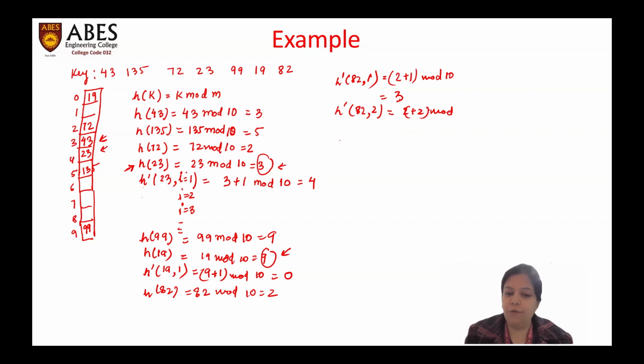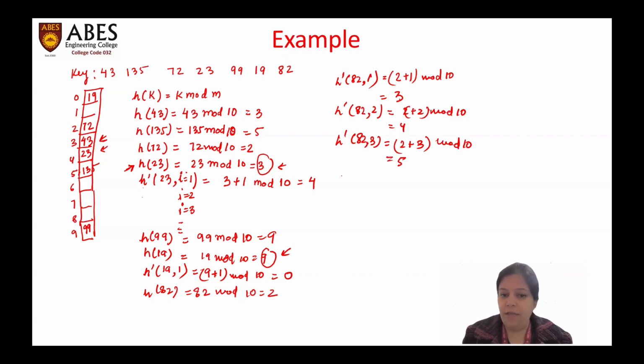Again, index 4 is also occupied, so we increment i to 3, and the h dash function gives us (2 plus 3) mod 10, and the value becomes 5.